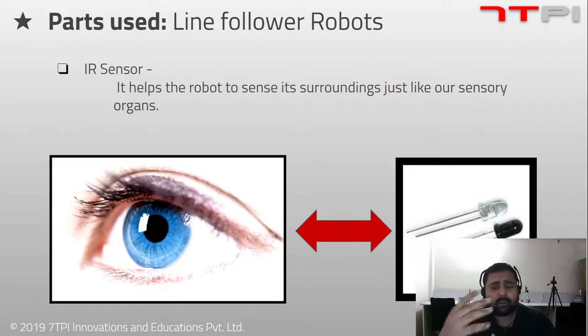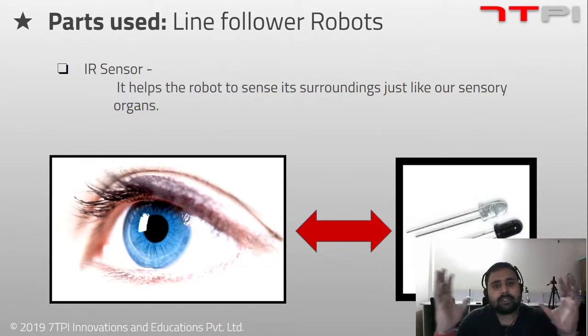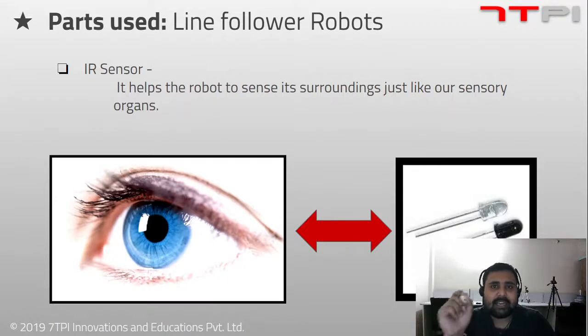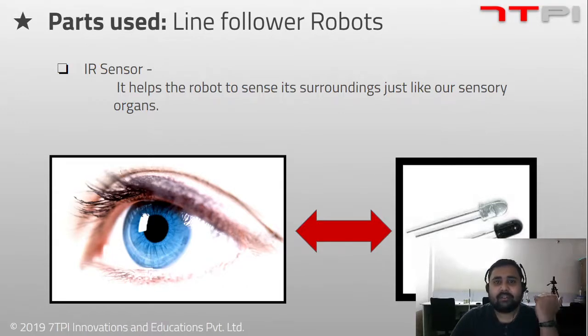In the same way, our robot also has these kinds of sensory organs. They are called sensors. Sensors are devices which convert the physical surroundings into electrical voltages, electrical signals. If we get any kind of electrical signals, we can process them. Similarly, for eyes there is a sensor called an IR sensor, or we can use a camera. For smell, we have smell sensors.